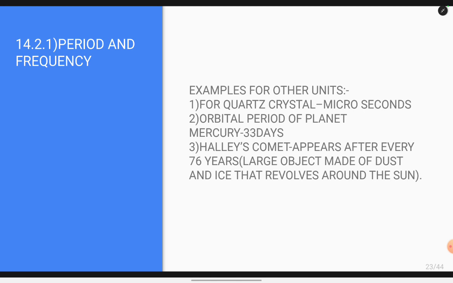Third example, Halley's Comet. Halley's Comet is a large object made of dust and ice that revolves around the sun. It appears after every 76 years. That was a previous year question, PYQ: after how many years does Halley's Comet appear? So remember the second and third examples.